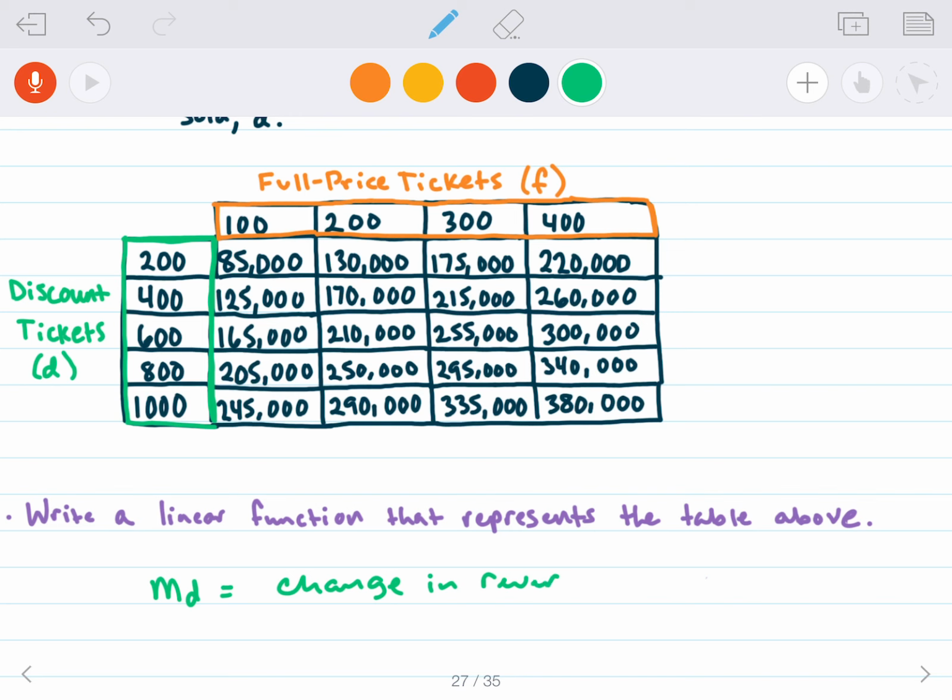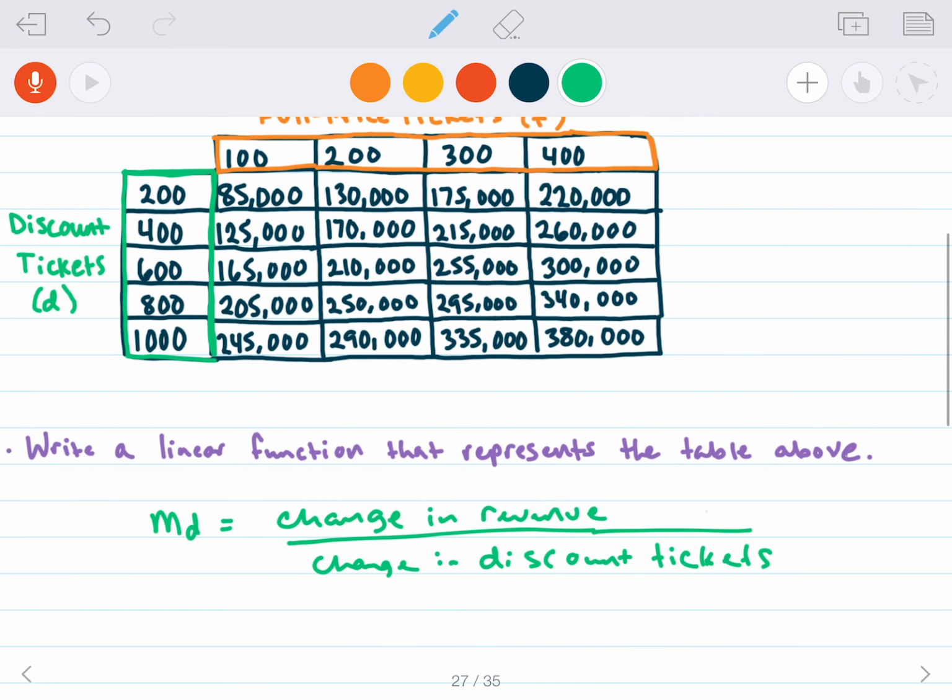Which is basically everything that's not in the green or the red or the orange boxes. So all the black is the outputs. Okay. So this is going to be the change in revenue over the change in discount tickets. We're treating this like it's our x variable.